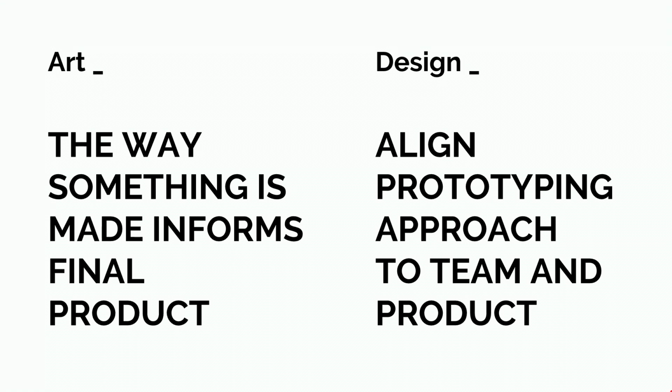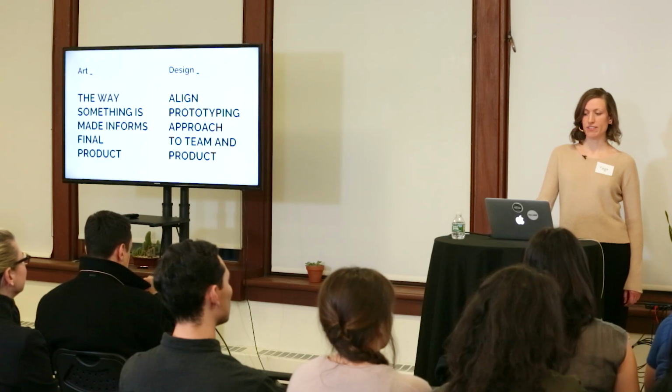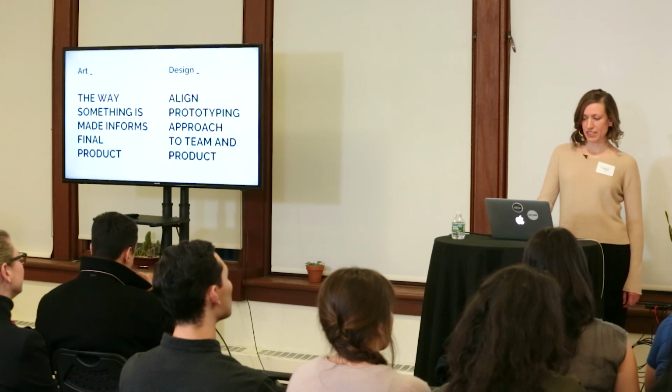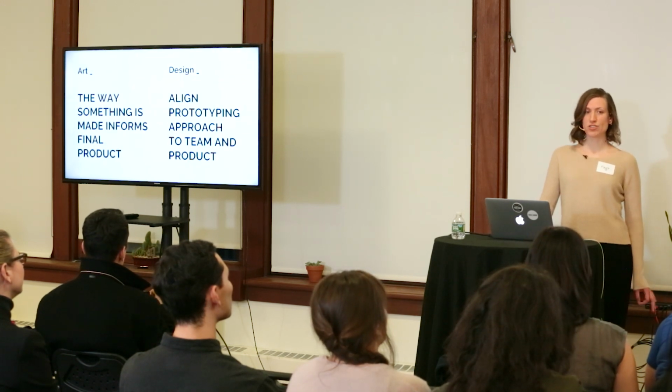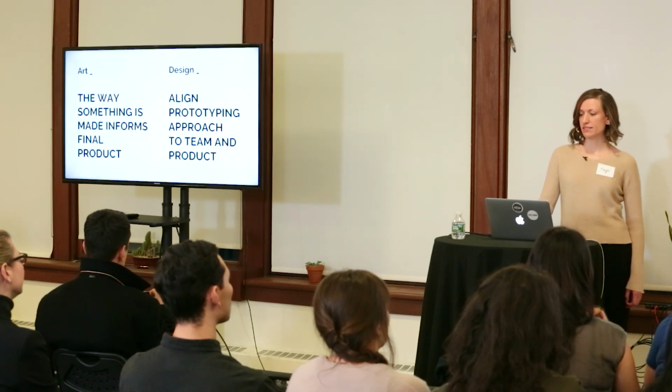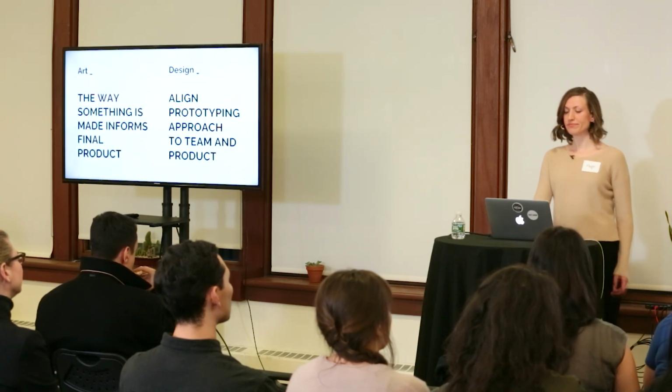A UX designer understands that a product prototyped in code will be functionally and strategically different than one prototyped using static comps. Both practitioners know they have to match the method of production with their collaborators' needs and with the public's needs.